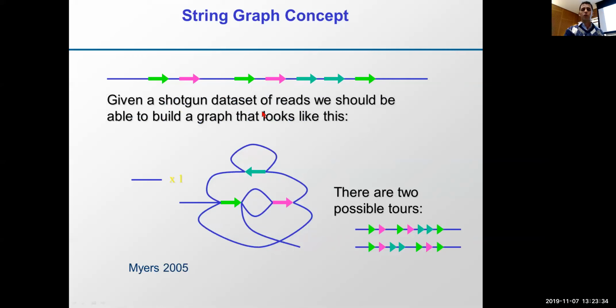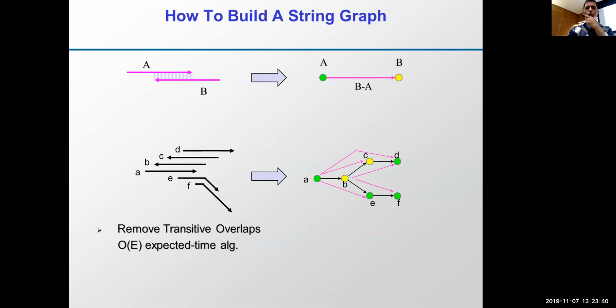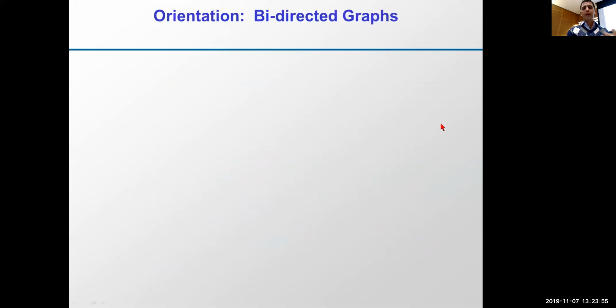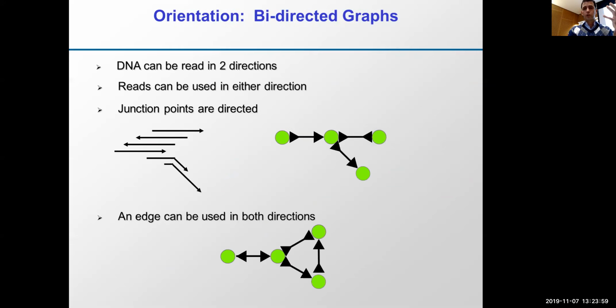So given a shotgun data set of reads, we should be able to build such a graph, and then we should be able to resolve this graph. The string graph approach says, let's ignore these very long contexts. Let's simply chop up the contigs into little pieces and then build this graph of all of them, and then start reasoning about how to traverse this graph.